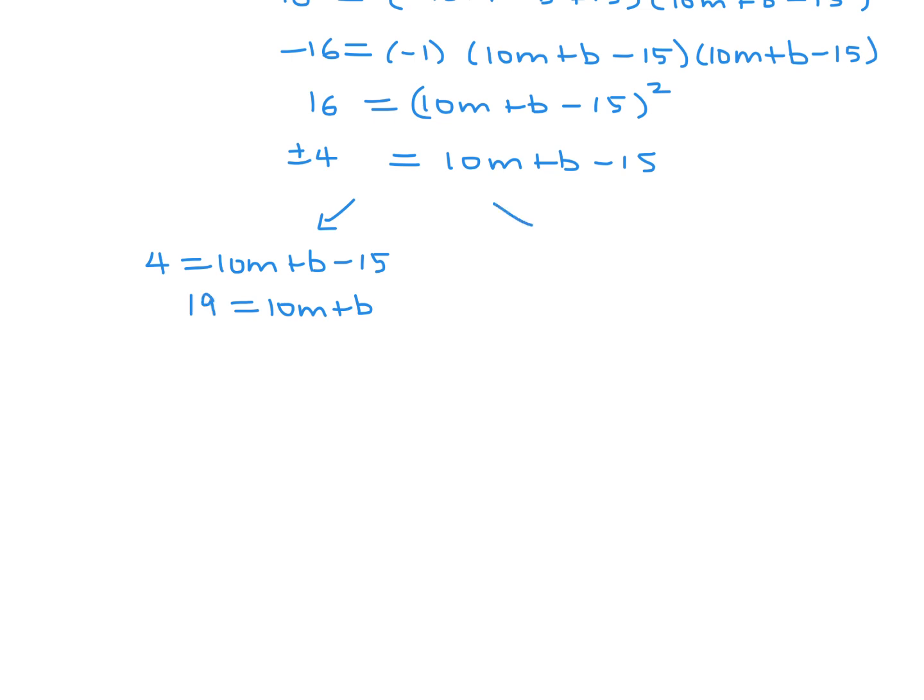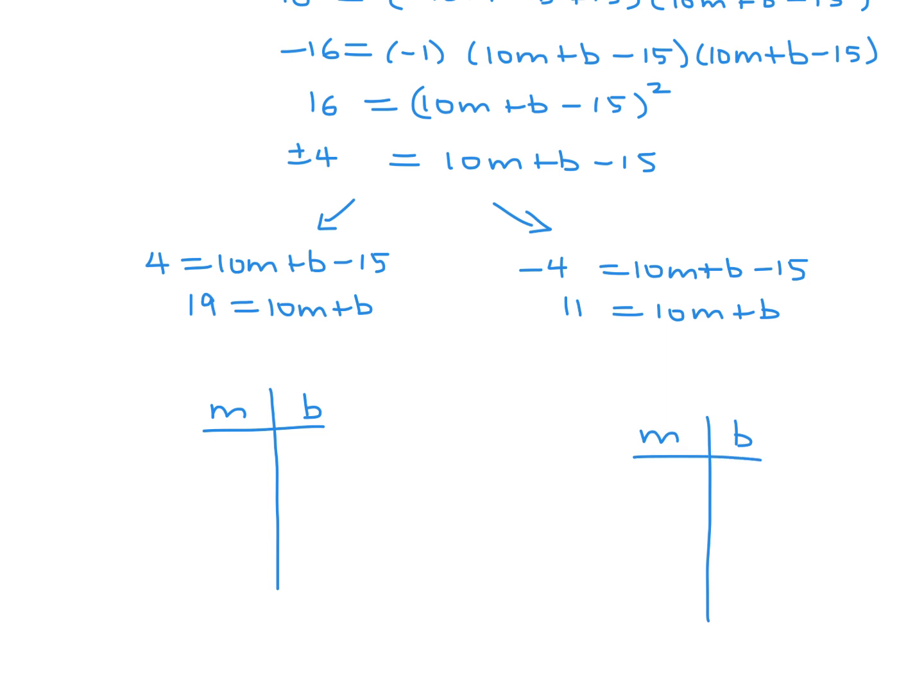And then the other one, minus 4 is equal to 10m plus b minus 15. If we add 15 to both sides, it would be 11 is equal to 10m plus b. Okay, so we got two equations, and then for both we have to figure out the ordered pairs (m, b).